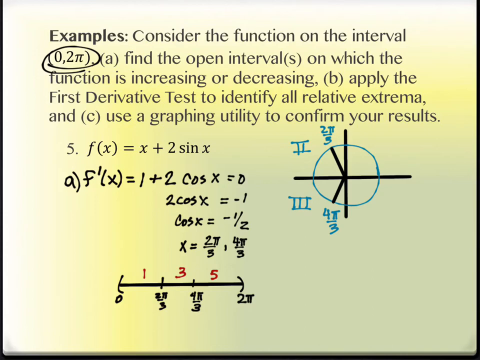All right, so take a look, and we're going to put this into the derivative. We're going to put the derivative, that's this piece, into y1. And I'm going to evaluate these three values, 1, 3, and 5. And I'm looking for the signs only. What sign did you get when you plugged in 1?